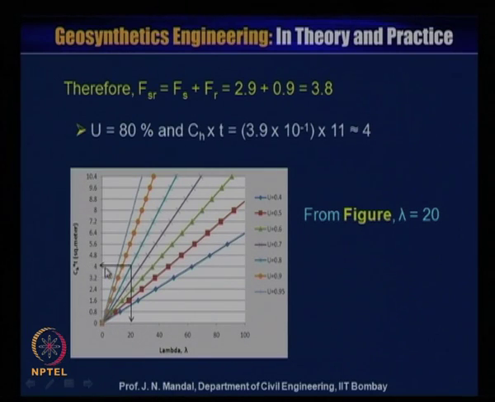Then you move horizontally to U is equal to 80%, and then you move down and calculate the value of lambda. So lambda here is equal to 20. That is how from this figure you can calculate the lambda. Lambda is equal to 20.